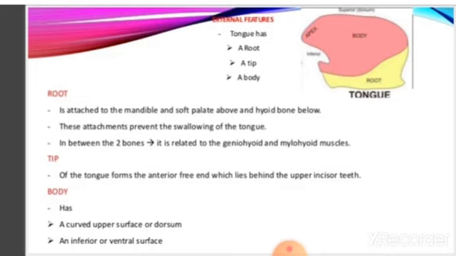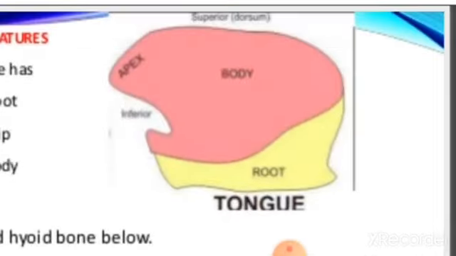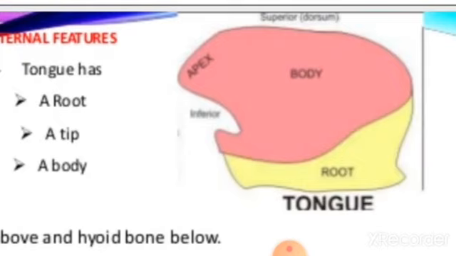So the tongue has three parts, as you can see. The tip at the front forms the anterior free end, which lies behind the upper incisor teeth.